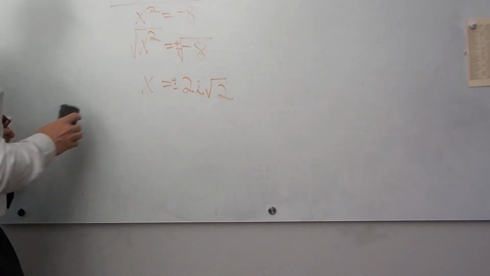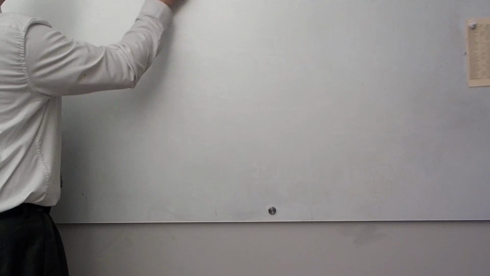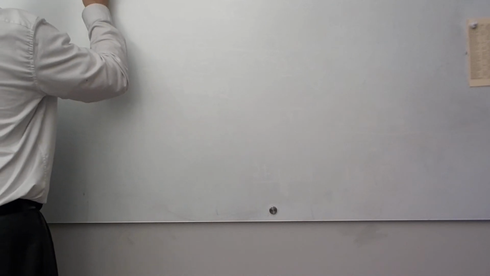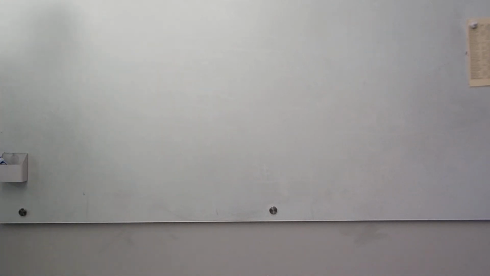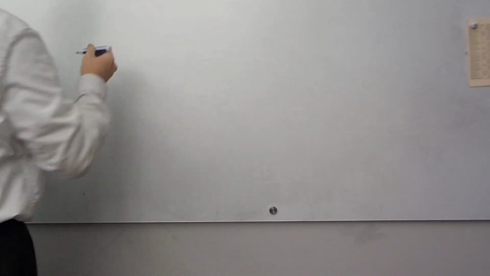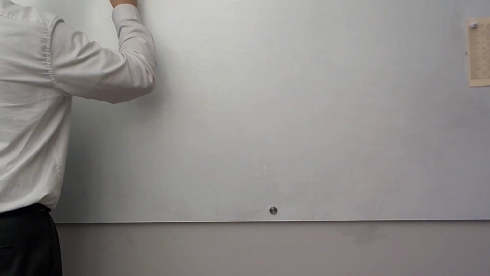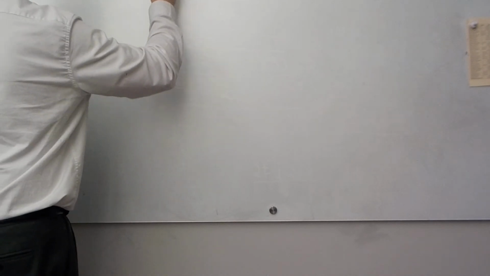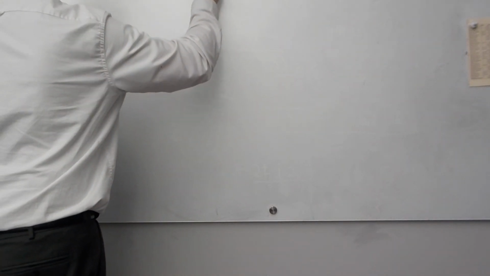Now, number 3, it's your turn, and for that one, we've got, finding a good marker is a challenge here. x to the fourth, there we go, minus 21x squared plus 100.